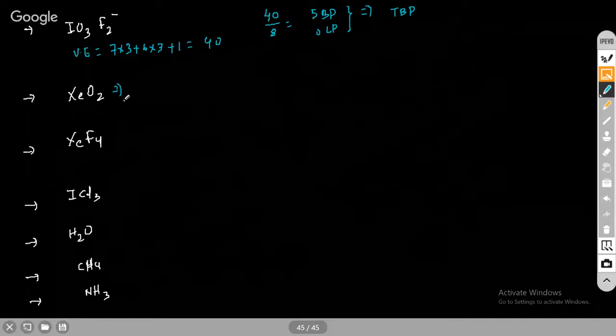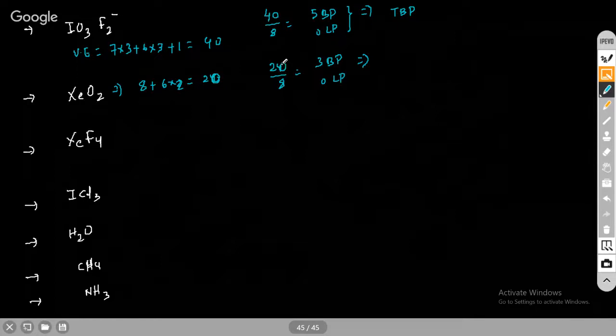XeO2, number of valence electrons: 8 plus 6 into 2, that is 24. So 24 divided by 8 gives you 3 bond pair and 0 lone pair. Oh, wait, 6 into 2 is 12, so 8 plus 12, it's 20.